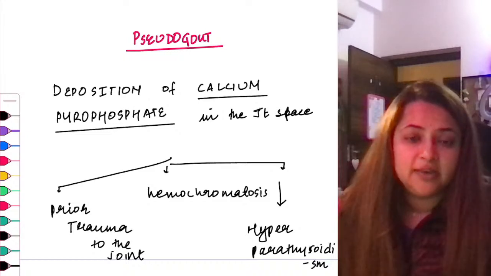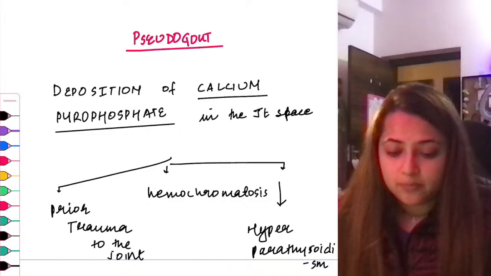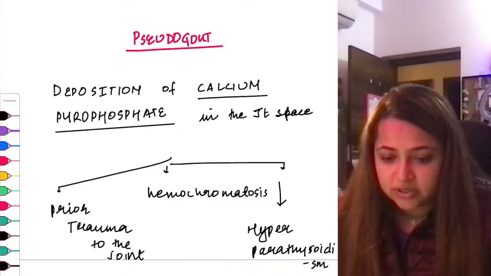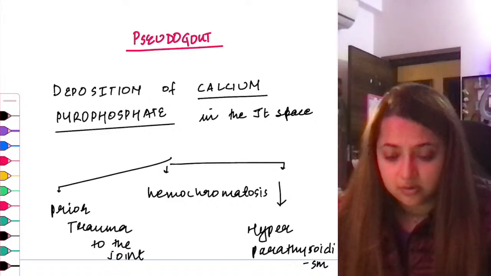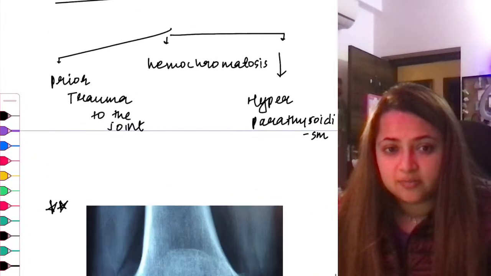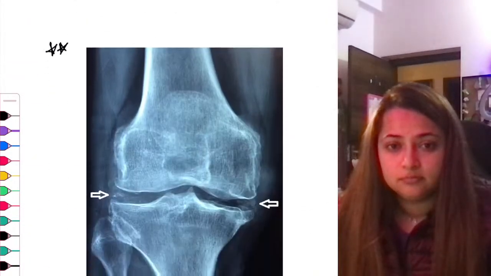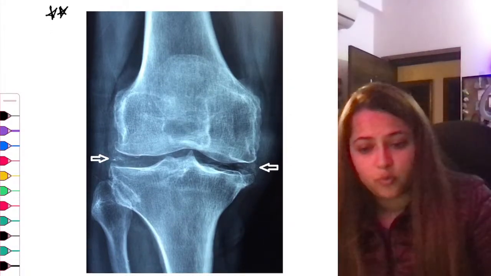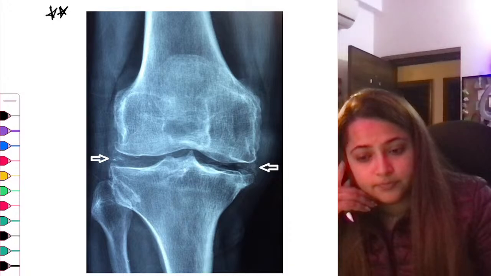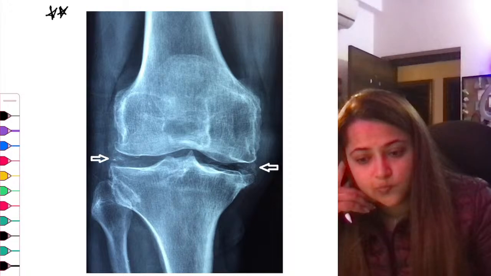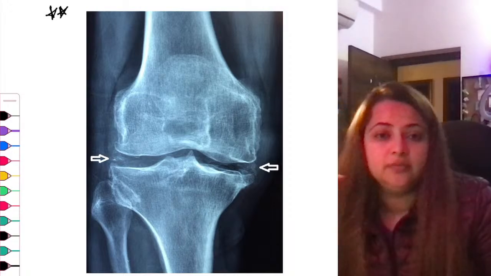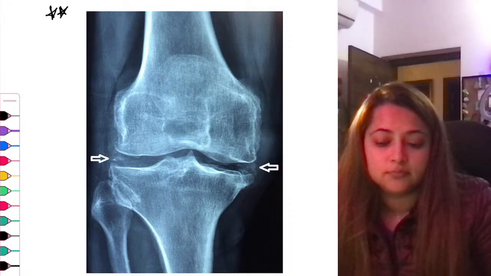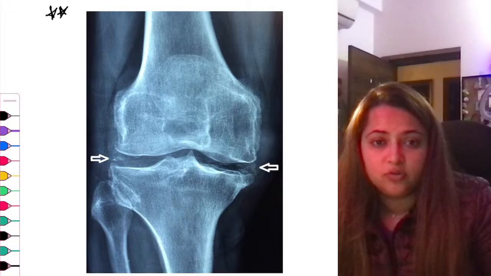Next, I'm going to show you a very, very important picture that you will appreciate. It was being asked in the previous years. Look at this picture. Can anyone answer the question? What are the arrows pointing towards?